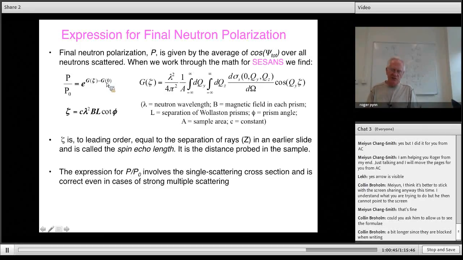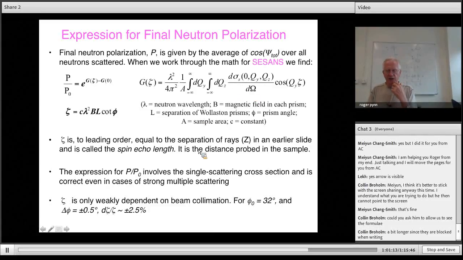This thing is just a normalization, if you like, to get the normalized polarization. And the correlation function that I'm measuring is just the Fourier transform of S of Q in some particular direction. So CSANS is measuring for me a correlation function which is a Q Fourier transform of the scattering function.